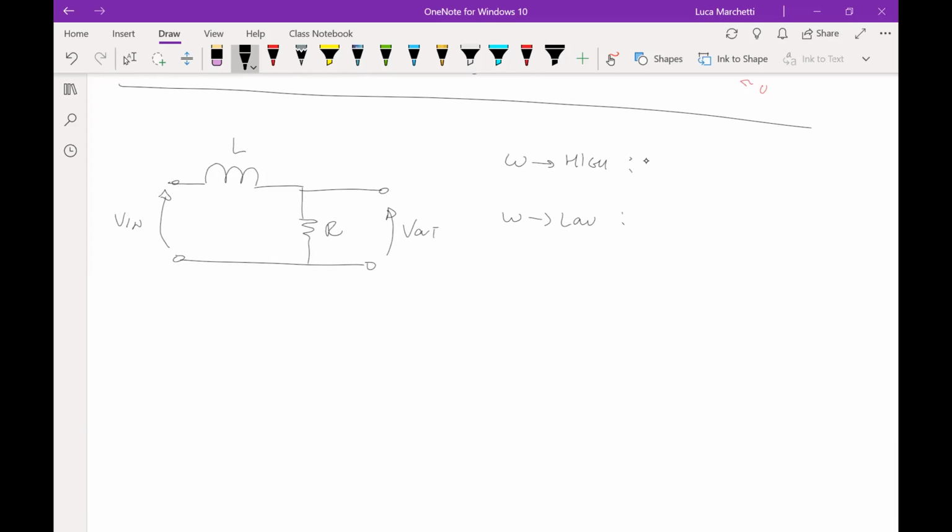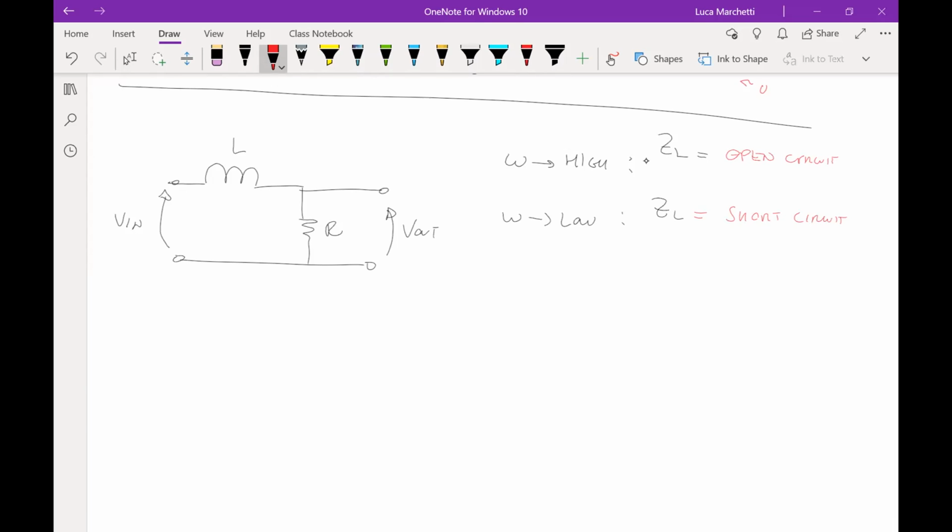So at very high frequency, what happens? At very high frequency, the impedance of the inductance becomes very high, so it behaves as an open circuit. And at very low frequency, the impedance of the inductance is very, very low, so it behaves like a short circuit.